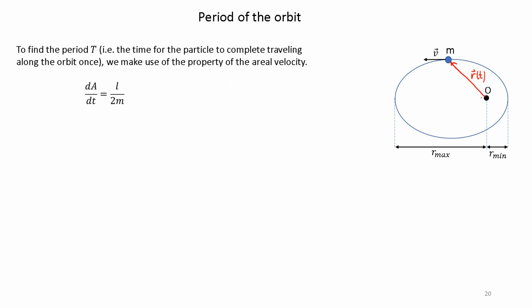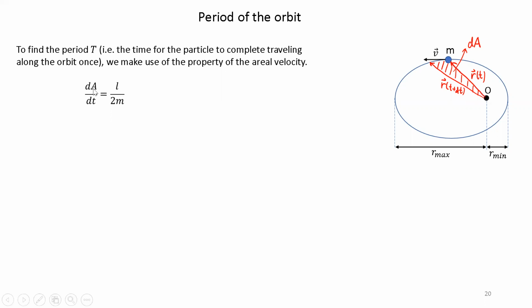Sometime later, this is r at t plus dt. And the area swept out by this position vector r is given by this narrow triangle over here, which I call dA.